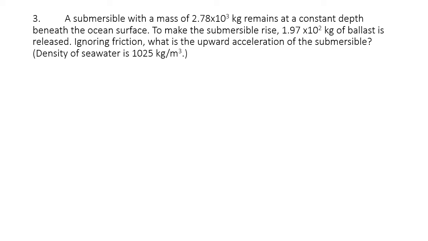All right, our first step here is we want to figure out the force of gravity acting on the submarine. So the force of gravity on the submarine is mass, which is 2,780 kilograms, times 9.8. The force of gravity equals 27,244 newtons.